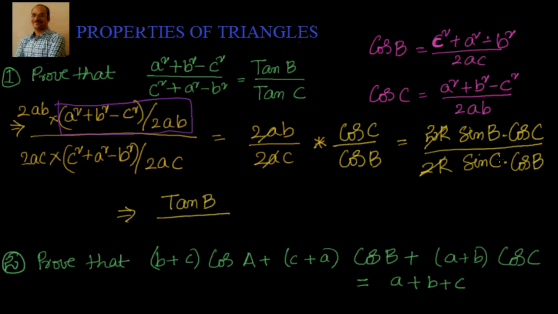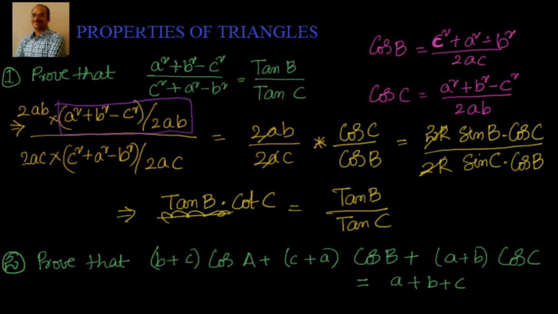Let me write it one more step. I will say tan B into cot C. That's nothing but equal to tan B by tan C. So how have we done that? We looked at this piece that seems to be part of the cos B, cos C formula.